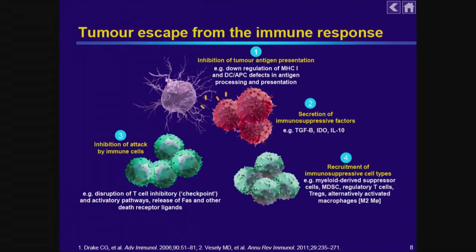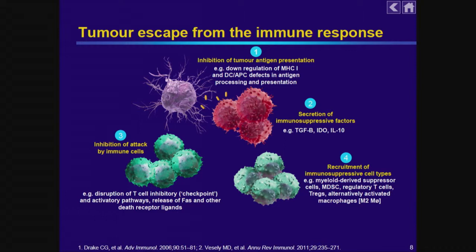So there are a number of mechanisms that cancers use to escape from the immune system. There's inhibition of the tumour antigen presentation, downregulation of MHC class 1, for example, and defects in the antigen-presenting cell mechanisms. There could be secretion of immunosuppressive factors. This is probably one of the most common things that happens when you've got chronic inflammation.